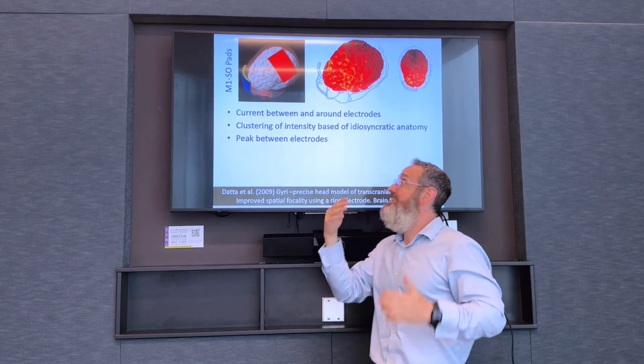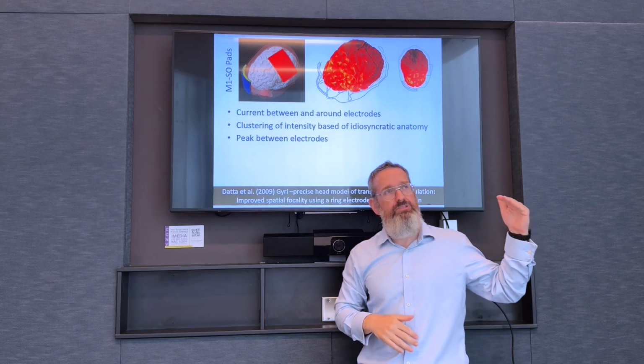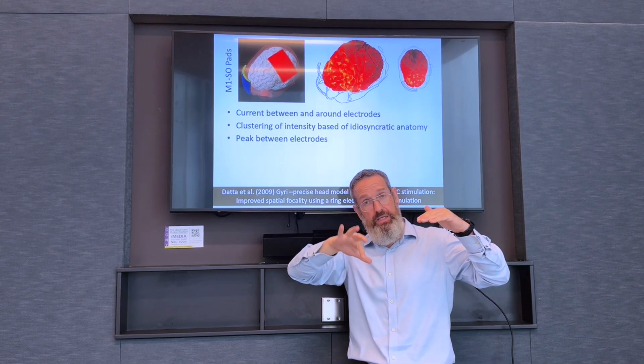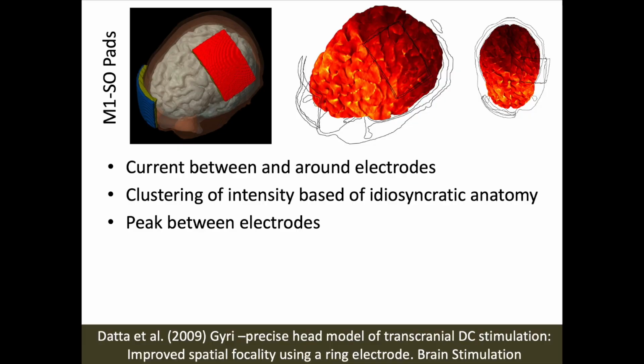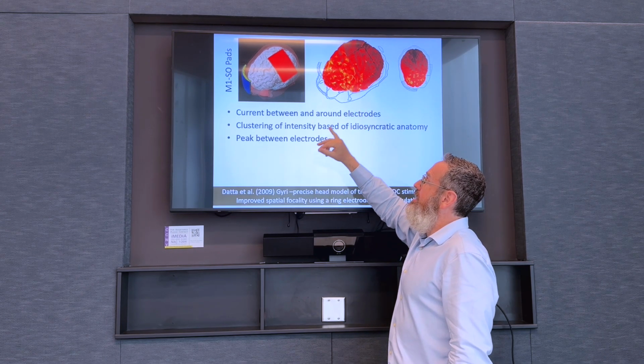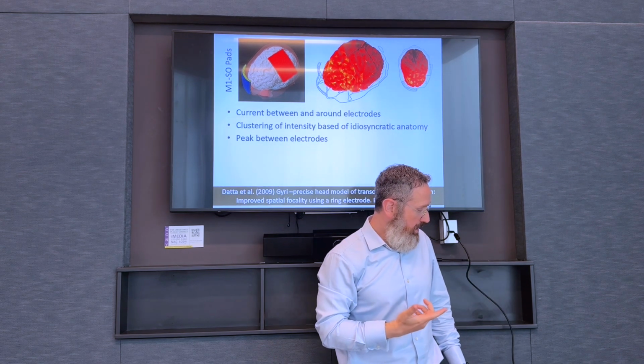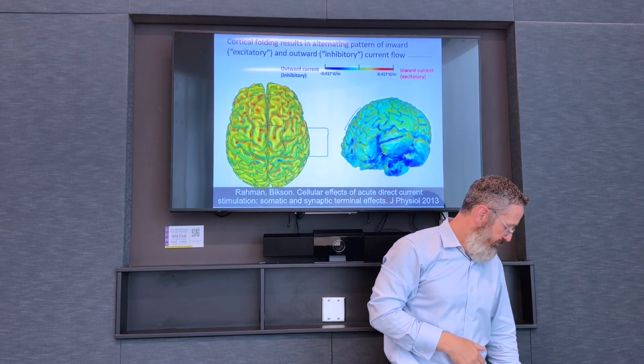It must form a continuous path between them. And as that continuous path travels through this wobbly, gyrated head, it creates these clusters of hot spots. And as it turns out, the peak electric field or the peak current density in the brain is not under the electrodes, but it's going to be somewhere in between at one of these hot spots.